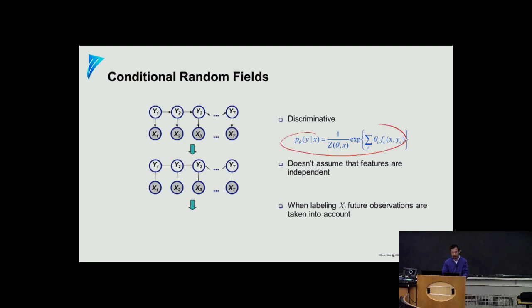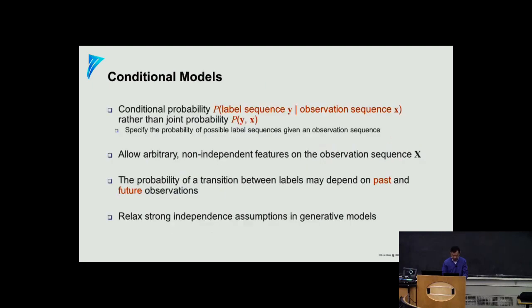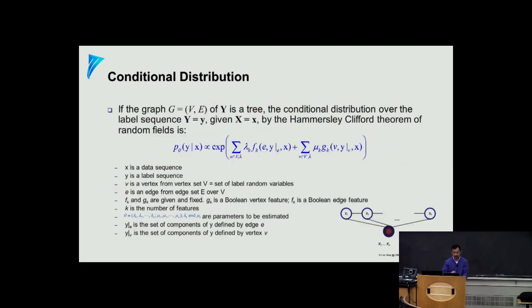You just write down a huge conditional distribution of all the hidden random variables given the observations using a collection of these potential functions. These potential functions can have very interesting interpretations. For example, I can use something called an edge potential to describe tendencies of seeing a pair of words or a pair of characters.